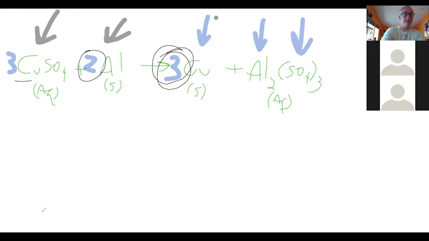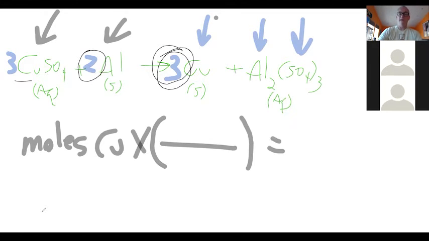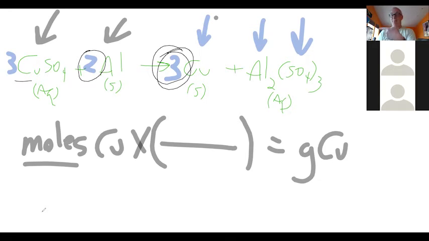So when you figure out how many moles of copper you should get if everything goes perfectly, 100% transformation, you need to multiply that by something to get grams of copper. What are we going to multiply moles of copper by to go back to grams?